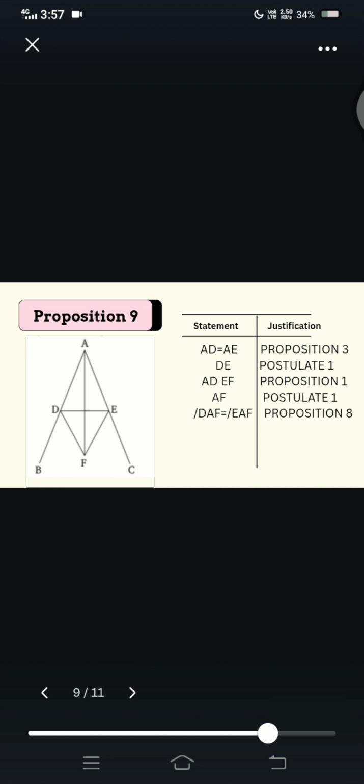So since nakagawa na tayo ng straight line, we can make an equilateral triangle according to proposition 1. We can make an equilateral triangle by using a straight line. So since nakagawa na tayo ng equilateral triangle, we can connect our line A to line F by postulate 1.